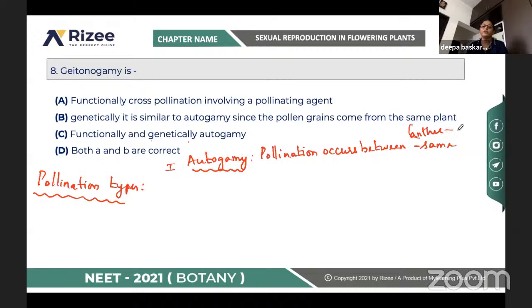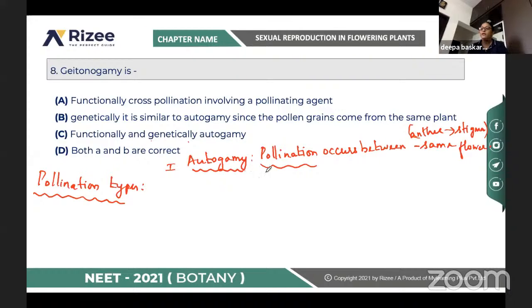That is shedding of anther to the stigma. You can have it like that, anther to the stigma of the same flower. Clear? So that is called pollination, and autogamy means the anther of the same flower will be reaching the stigma of the same flower. That is called autogamy.